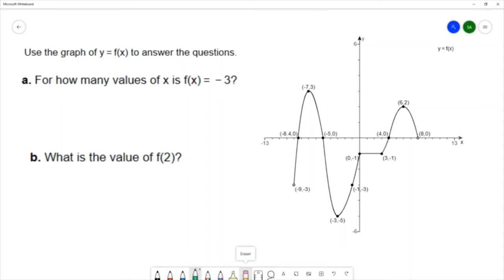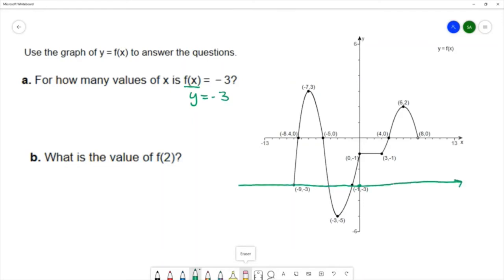So we have to keep in mind that f of x is the same thing as y. So what we're really saying is how many values of x has y equal to -3. To figure that out, I can go on my y scale to where y is equal to -3 and draw a horizontal line.